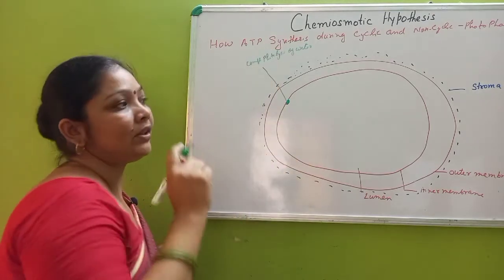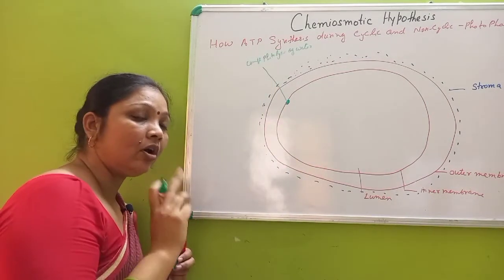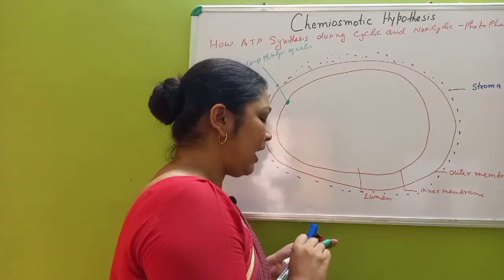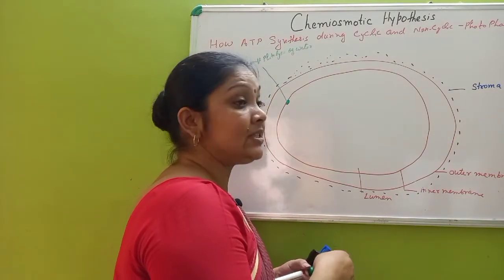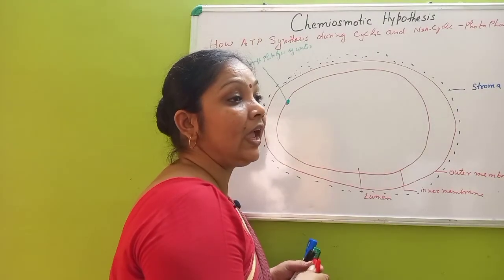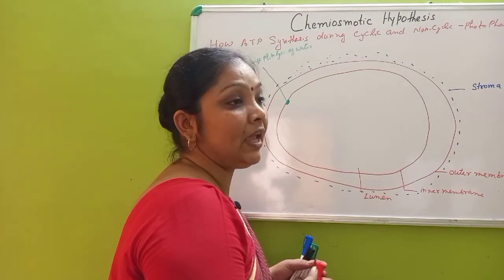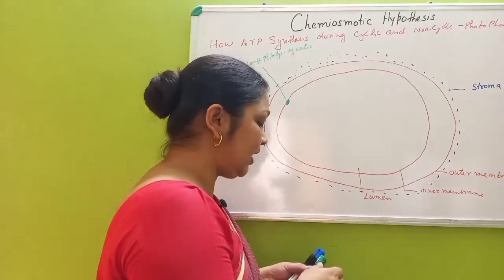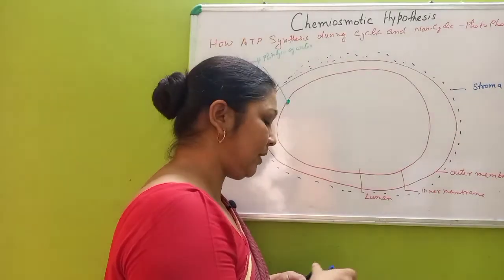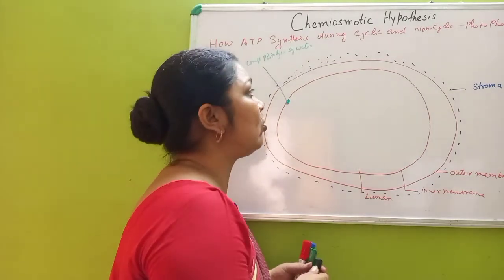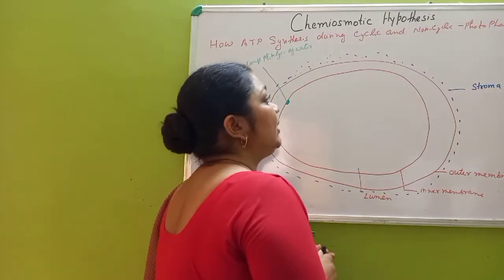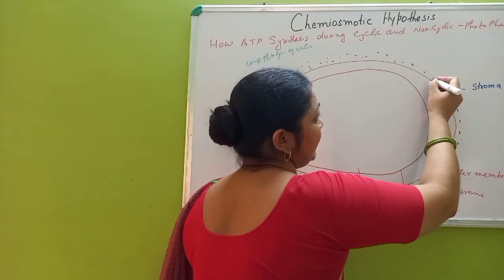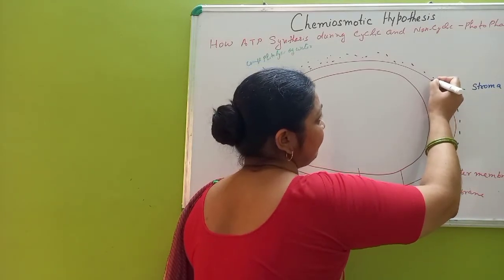Okay, one thing I already told you there, and that is that the enzyme NADP reductase is present on the outer membrane of the thylakoid. That means the NADP plus reductase will lie somewhere here.